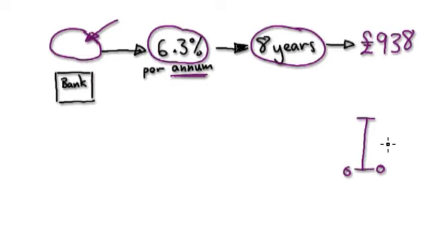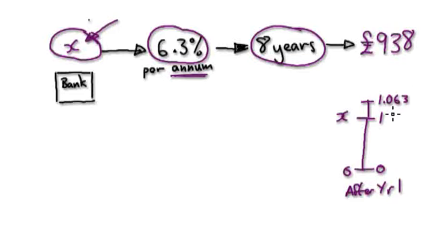0, 0, 1. This is going to be your original amount, x, because that's what you're trying to work out. Now, after year one, you're going to get a bit of interest, 1.063.